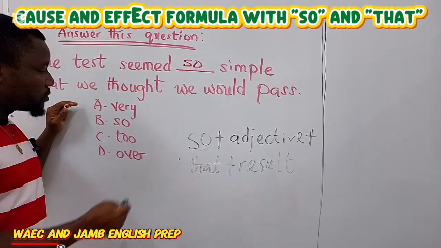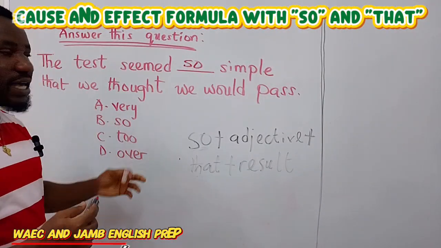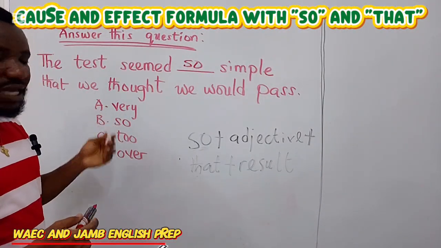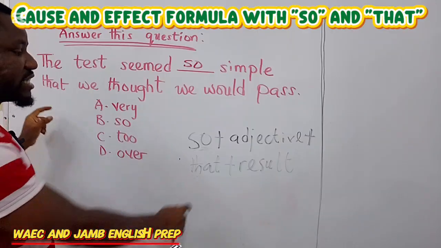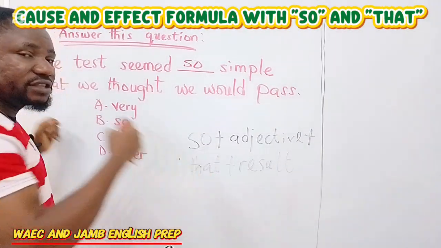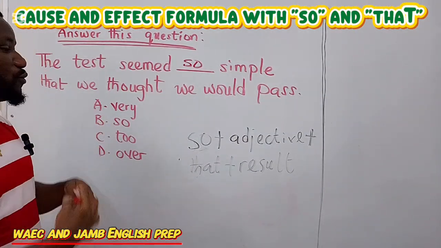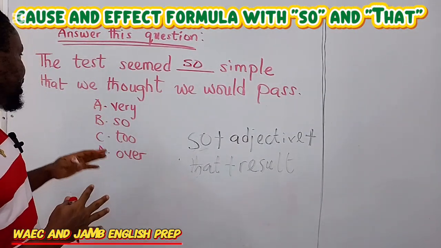And like I said before, we can as well use very to intensify, but when we use very, the next matching word is never that. It's only so and that which collocate to form cause and effect in the English language.